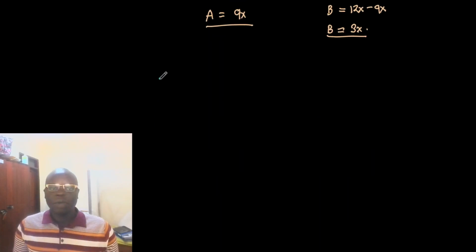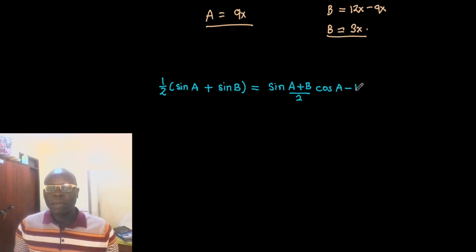So here we'll have 1/2 into sine of a plus sine of b equals sine of a plus b over 2 times cosine of a minus b over 2.